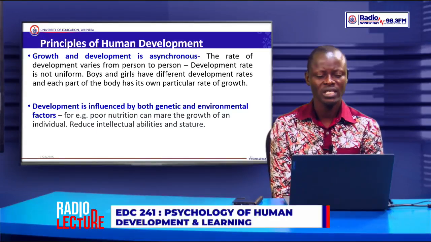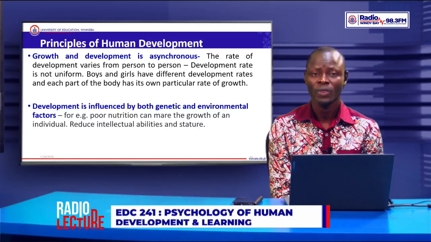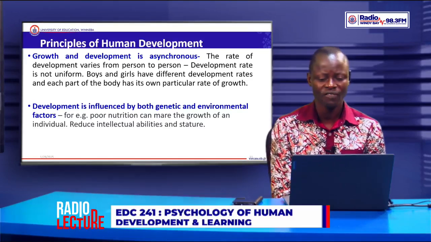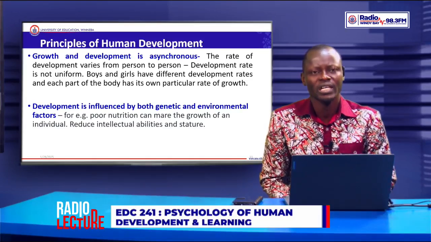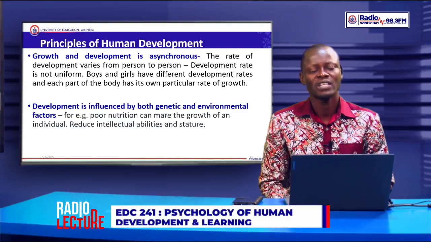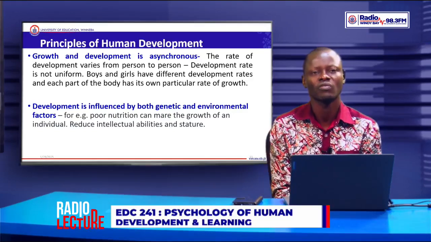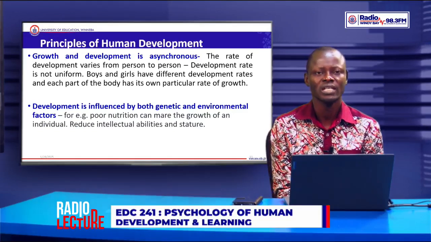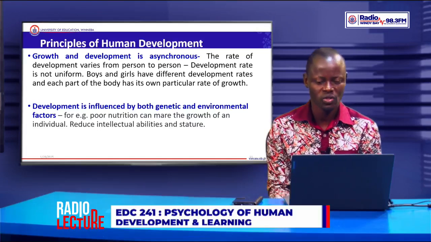We are not saying that they will grow at a very significant rate, but because they are boys and girls, the genetic makeup is different, so they will grow and develop at different rates. But normally, it's the girls that will develop faster as compared to the boys.